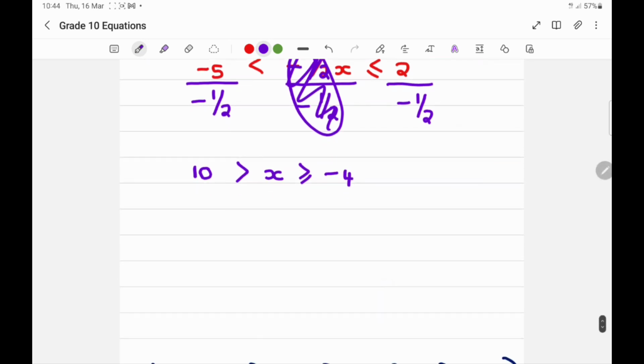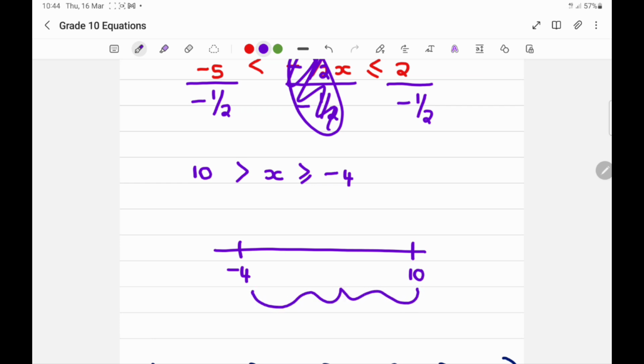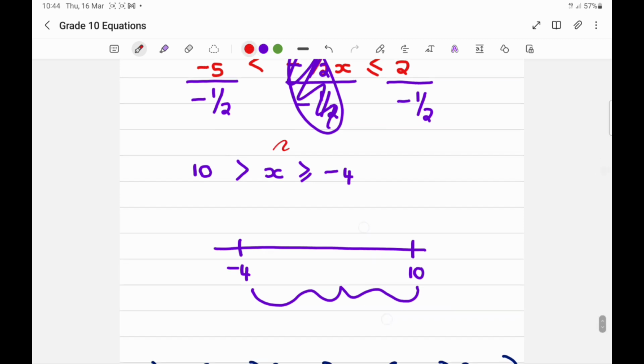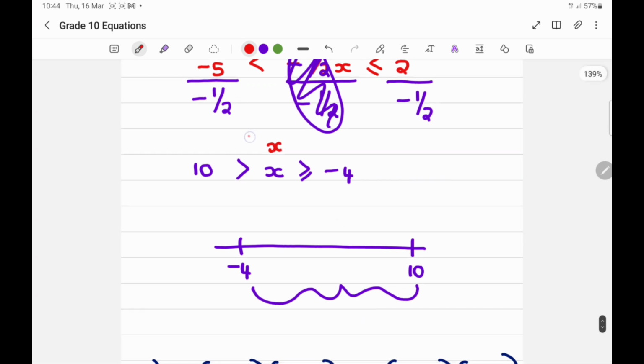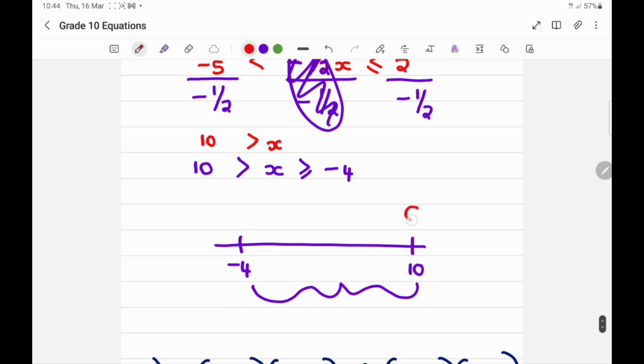All right, so what does this mean? If I have a number line and I've got a negative 4 and I've got a 10, my x's value will lie between those two numbers over there. So if you read it here, x is smaller than 10. Am I going to color my dot? No, because it's just smaller than.